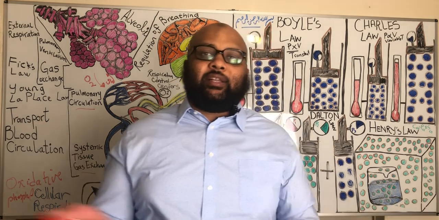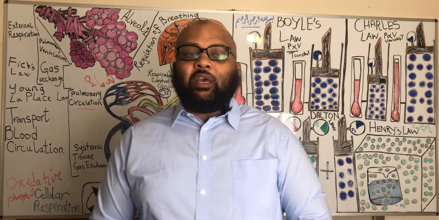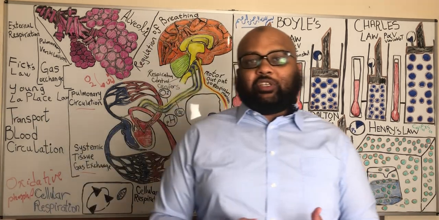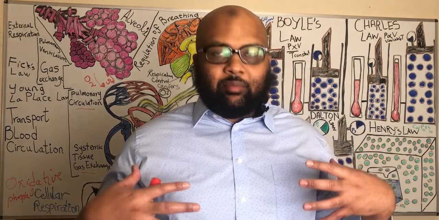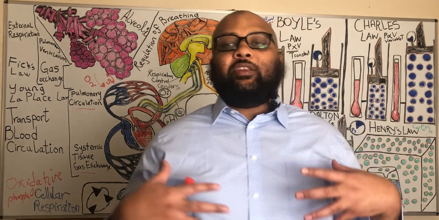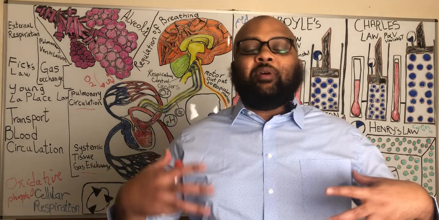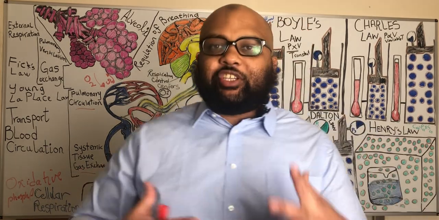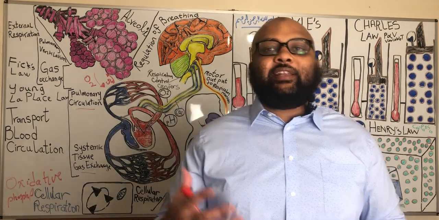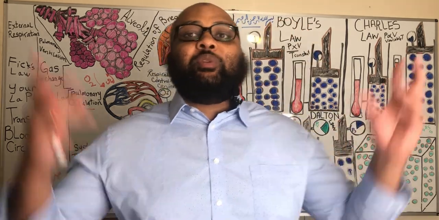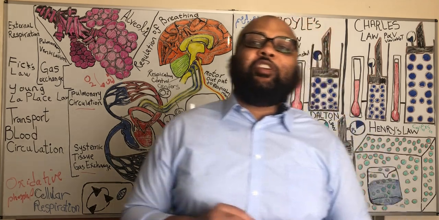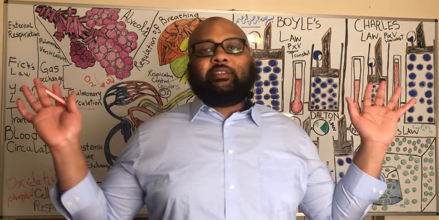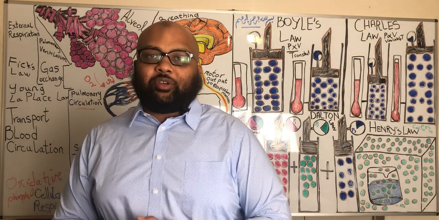So you need a pressure gradient. In order to create that pressure gradient, the muscles in your respiratory system must undergo conformational anatomical changes that translate into pressure differences with the atmosphere. The atmospheric pressure is constant, 760 millimeters of mercury.